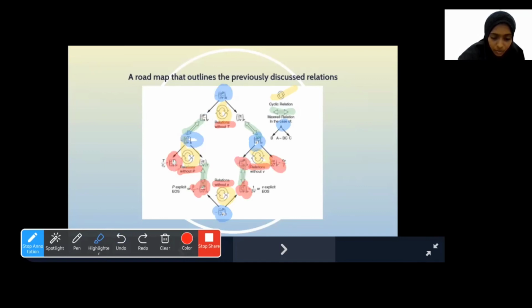Actually the origin is the product of these two terms, so we can replace the origin with the product of these two terms. That is for the cyclic relation.